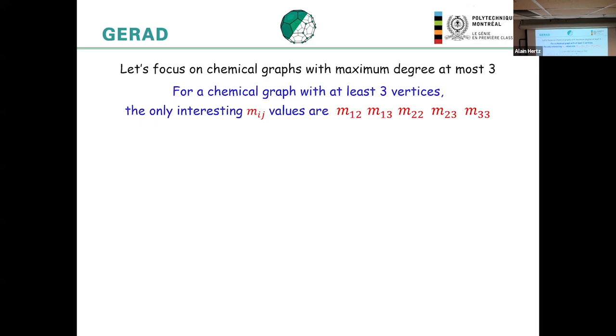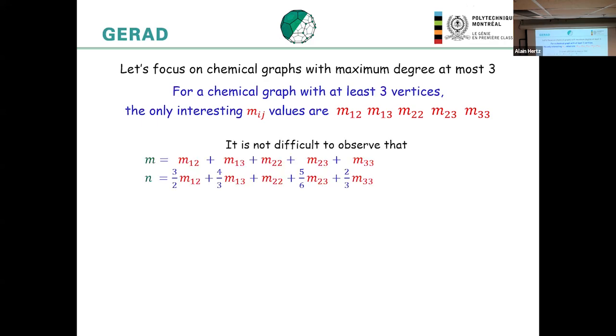This is the starting point. And I can easily write the total number of edges. This is the total of these numbers. So I have 10 like this, 15 like this, and so on. So the number of edges is like this. It's not difficult, it takes one line, but I will not give you the proof here. The number of vertices can also easily be computed according to how many edges of each kind, using these Mij values.